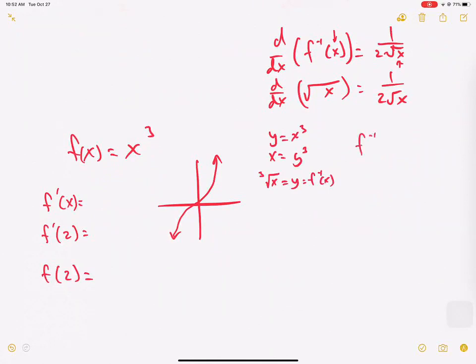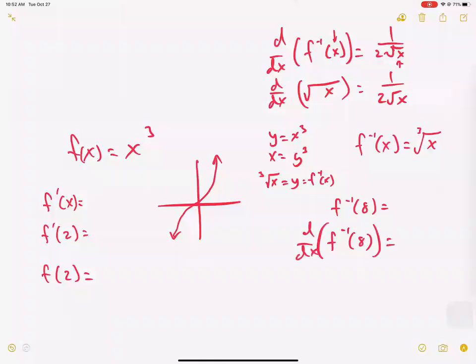So f inverse of x is equal to the cube root of x. I want to find out what f inverse of 8 is, and then the derivative of f inverse at 8, d over dx. On the side, first tell me the derivative function of f inverse of x, to make it a little easier for you.